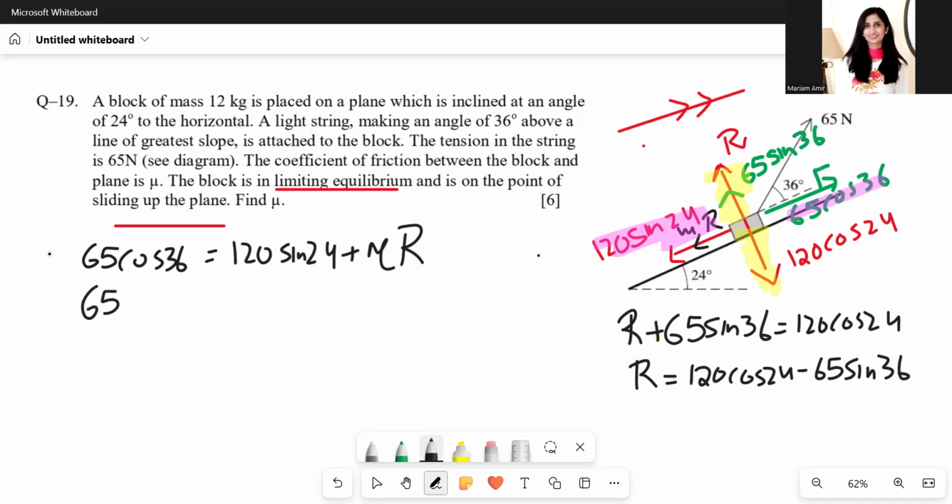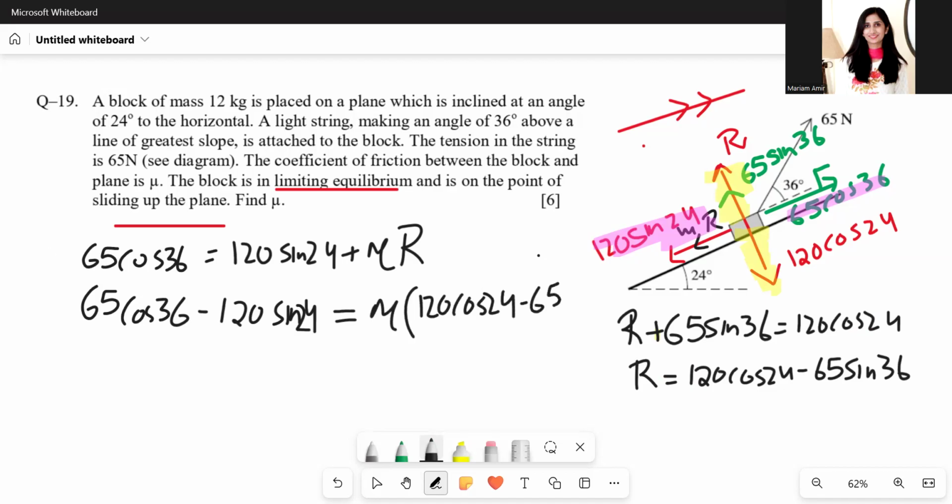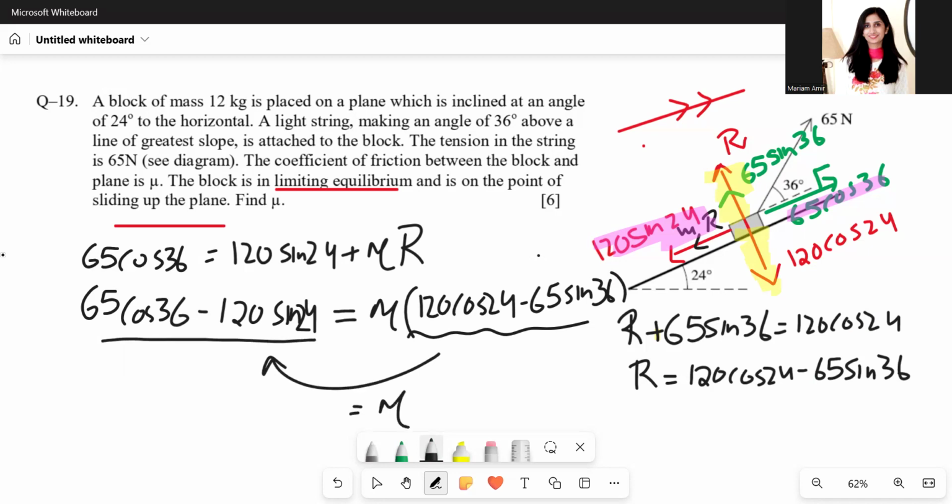So I'm going to do 65 cos 36, bring the 120 sine 24 term to the other side, subtract, is equal to mu times, replace R with all of this, 120 cos 24 minus 65 sine 36, and then bring this bracket term to the denominator, and this should get you the value of mu, which comes out to be, let me just double check the working.